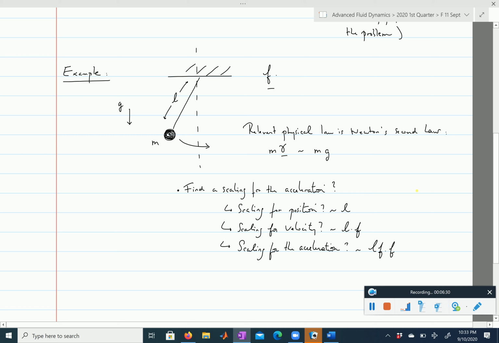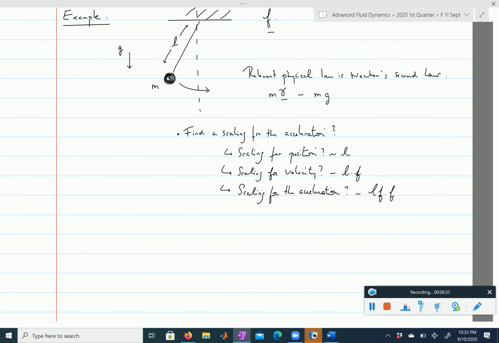And so from the scaling analysis, we can deduce that m, so this was our physical principle that we started with, m times the scaling for the acceleration here, which is L f squared, we just deduced it here, should scale with m times g.